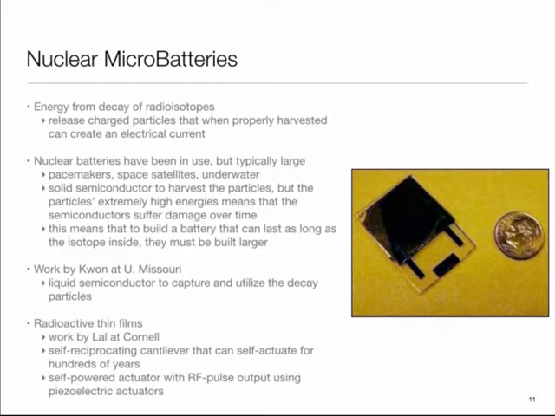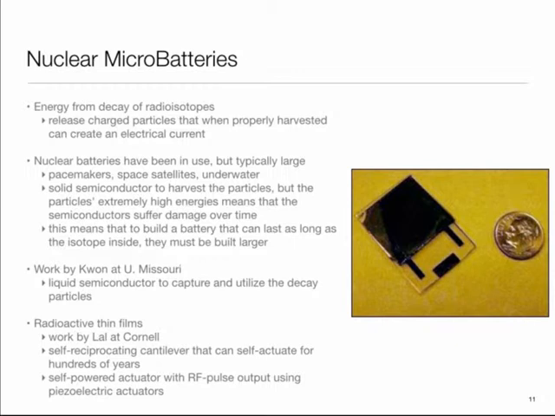They are used in a variety of different ways, but particularly in applications where replacing batteries is going to be hard, and therefore you want a really long replacement time. So for example, satellites or underwater, things like that. There's some pretty cool work happening in this space. There are also radioactive thin film batteries, so a combination with the previous one that we had.